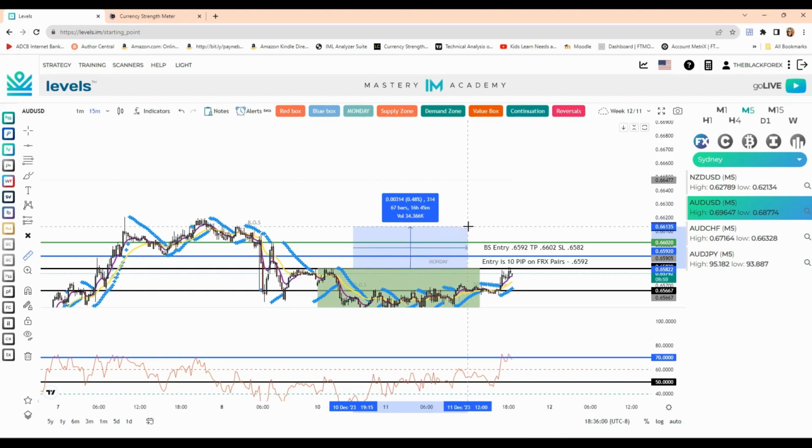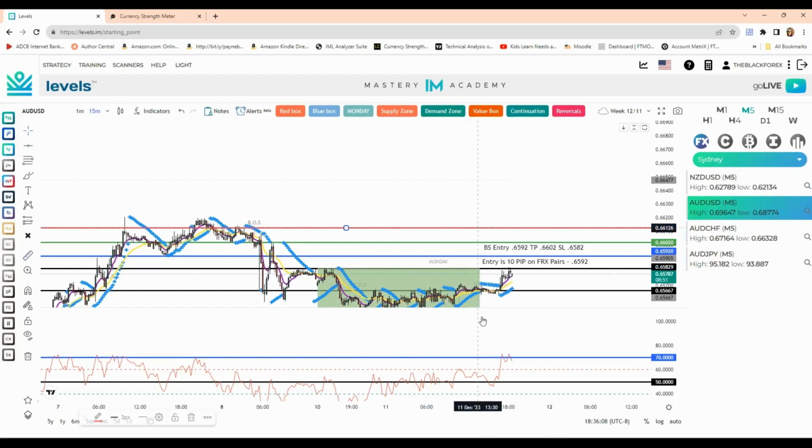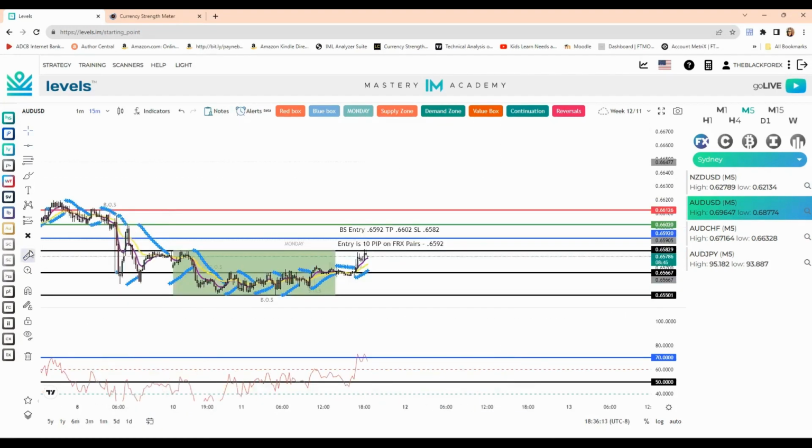That's about 300. I'll probably go 315. Let's just take it right about in here somewhere. I don't want to buy this higher than here. So that is my Monday box high.